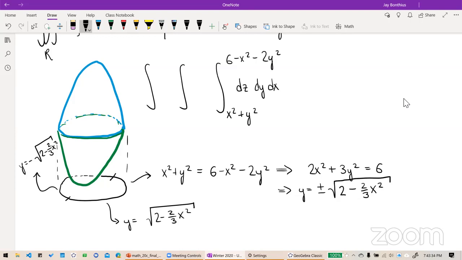And so those give us our lower and upper bounds. So we have minus the square root of 2 minus 2/3 x squared up to positive the square root of 2 minus 2/3 x squared. And now we just take x from its least value to its greatest value.